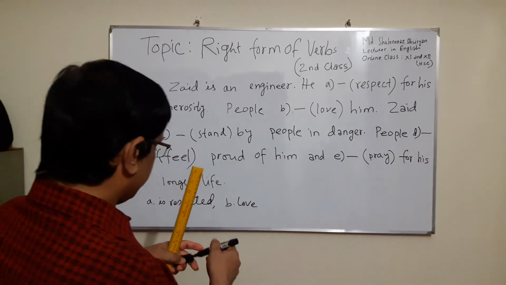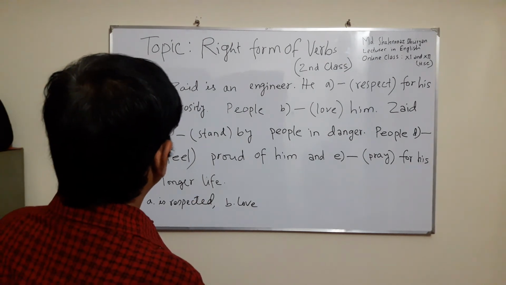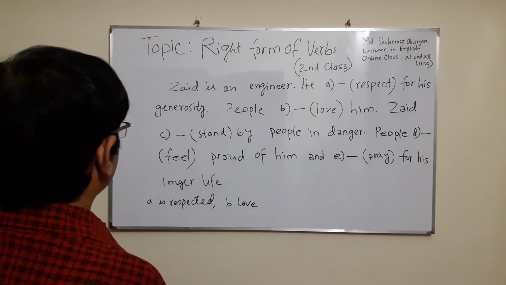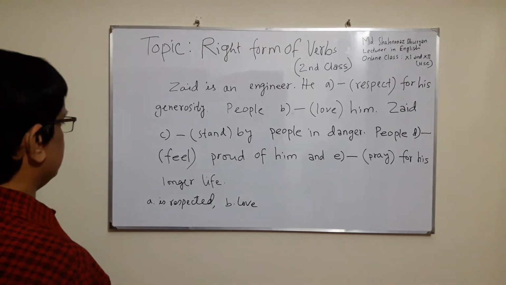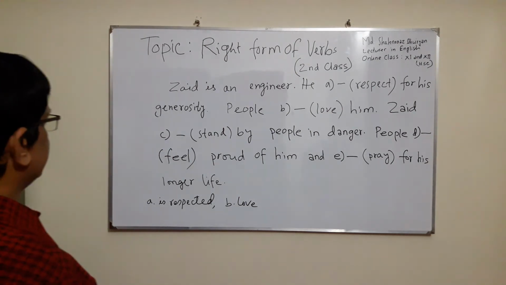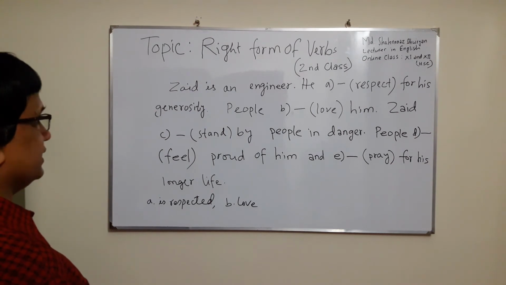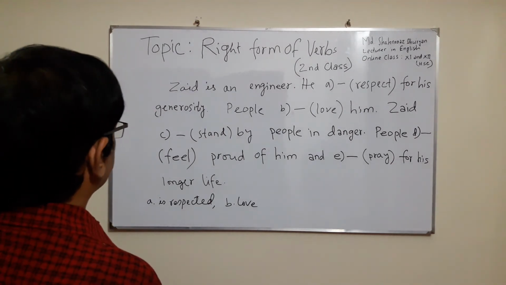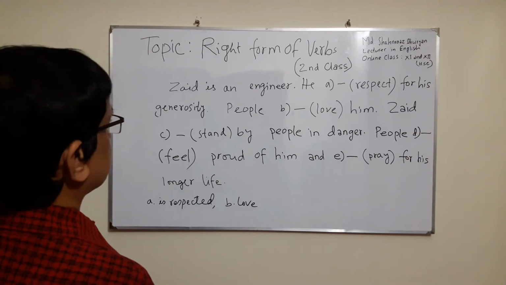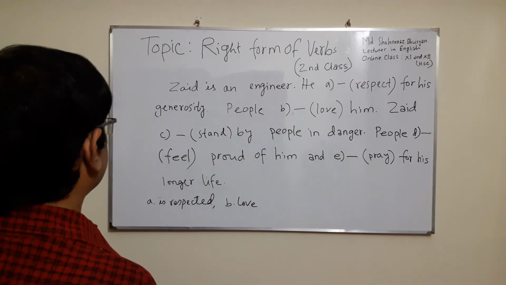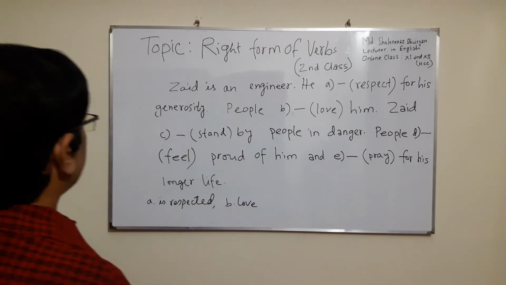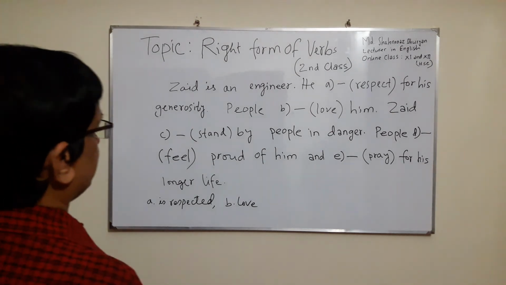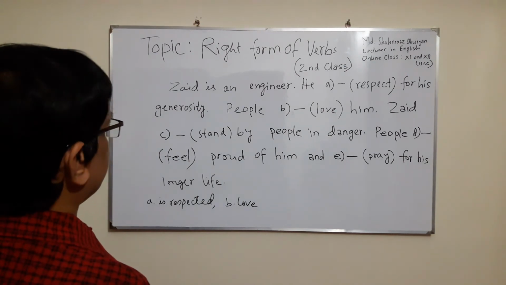Now I move on to number C. Here the verb is stand. Like the above method, depending on the situation, we feel that the sentence in which the verb stand is given will be in the present indefinite active voice. If a sentence is in the present active voice, just after the subject the verb is in the present form and will be according to the subject.